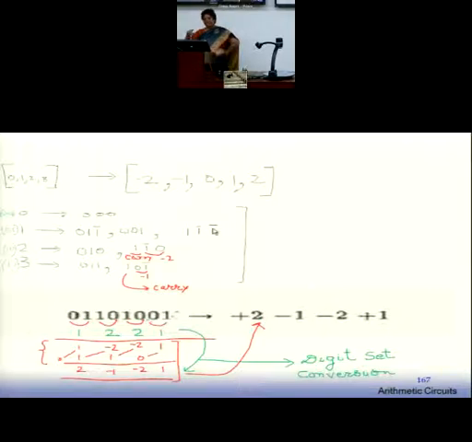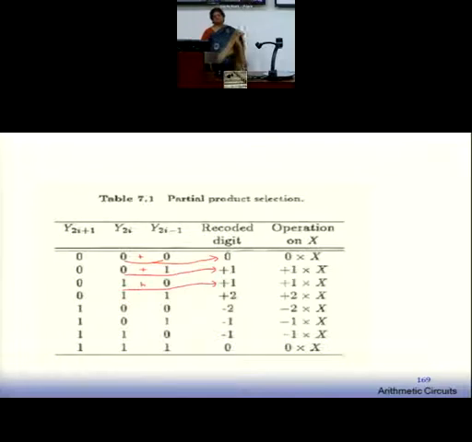Whether you are getting a previous carry, 1 from the previous position, then this 1 bar will help you, because that 1 bar and 1 will give you a 0. Now remember, you will be working at 2 positions together, because you will be taking 2 bits together while recoding. Okay, so now we get how we recode.